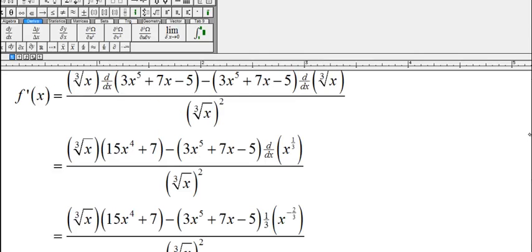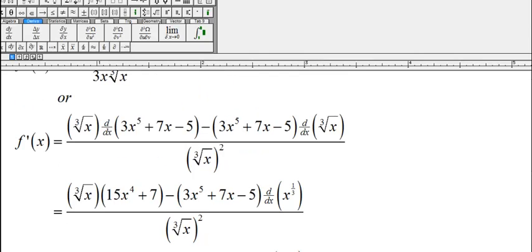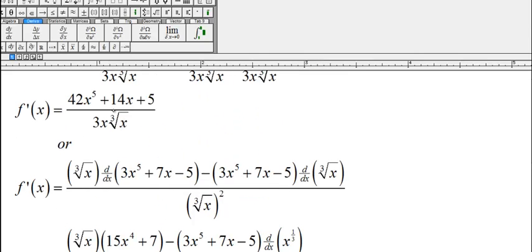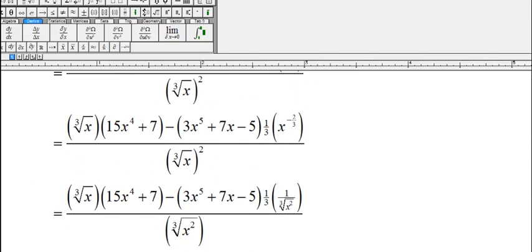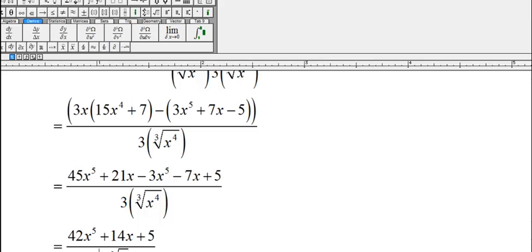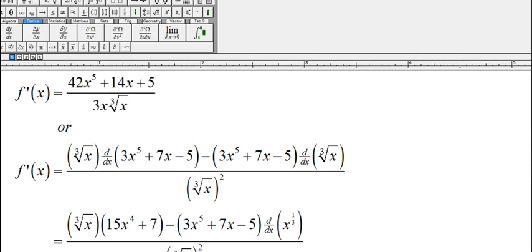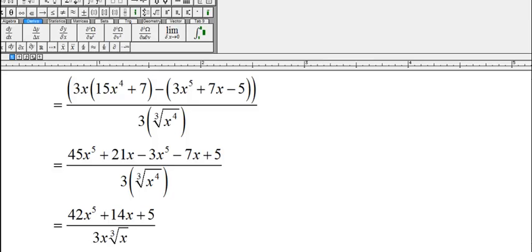Is that what I had? So, hope so. Yeah. 42x to the fifth plus 14x plus 5. Is that what I had in the top here? Well, if it is, I'll be real happy. Yes. That's exactly what I had in the top there. So I got the same thing both ways. So you could do that either way.